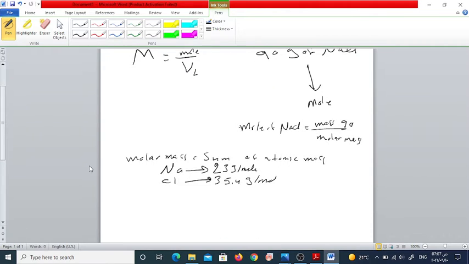So molar mass of NaCl equals atomic mass of Na, which is 23, plus atomic mass of Cl, which is 35.45. Simple summation, 58.45 gram per mole.